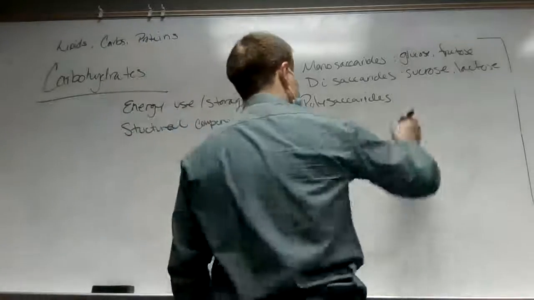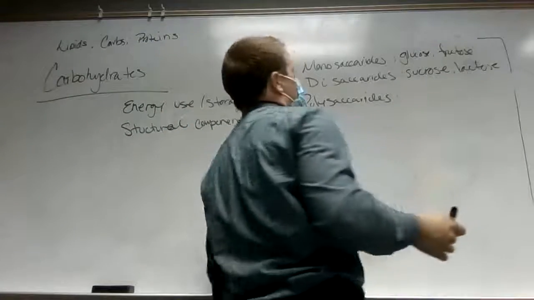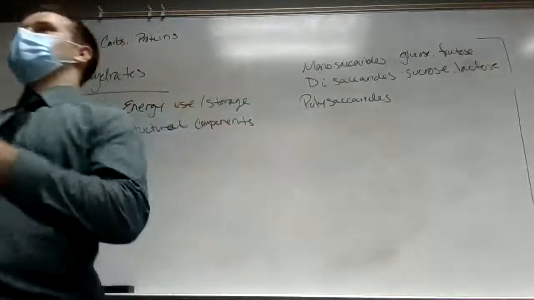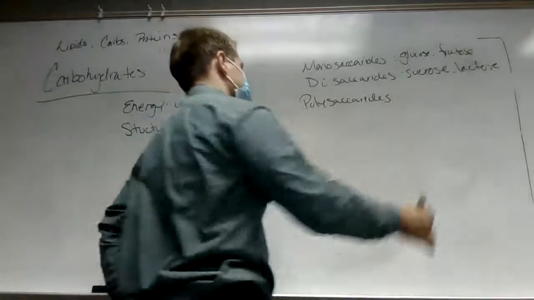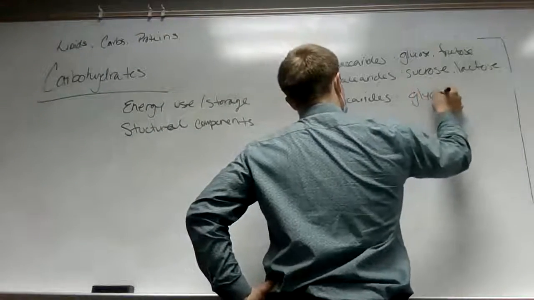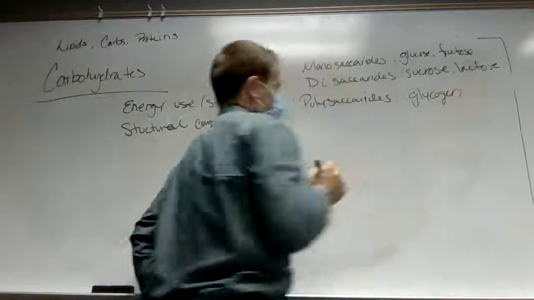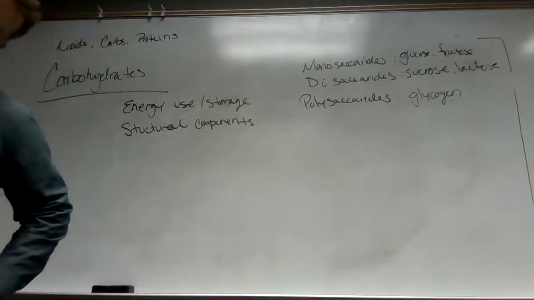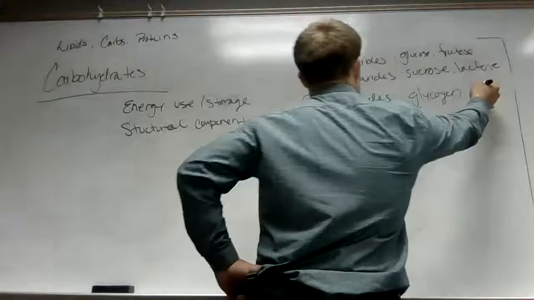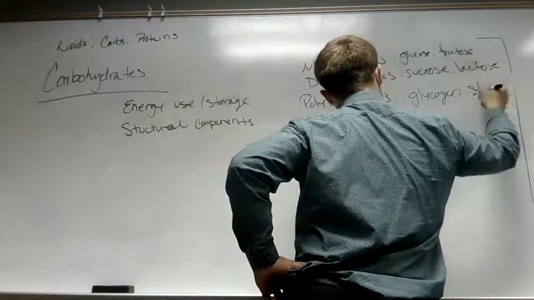Polysaccharides are more for your macro energy storage. Those are your big chains. Your most common polysaccharides are glycogen. The glycogen is chains of glucose, but also something like starch.